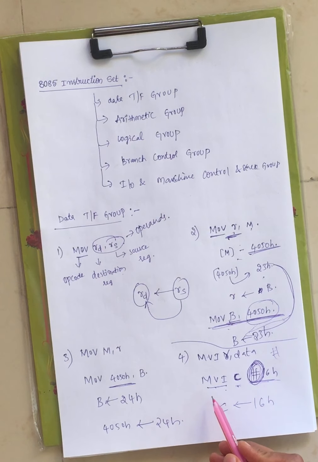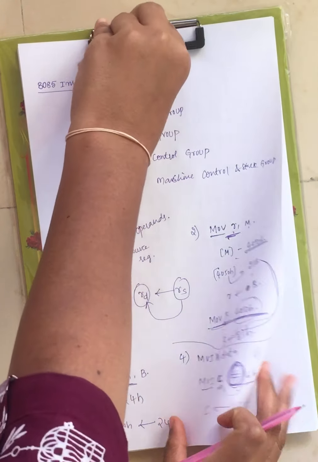The example is MVI C, #16H. Here the hashtag indicates this is immediate data. This is the data that has to get moved to the C register that is specified within the instruction. Now this is about the fourth instruction.